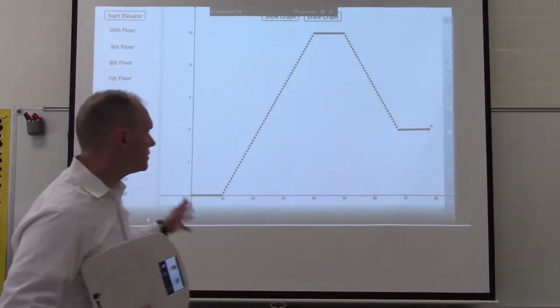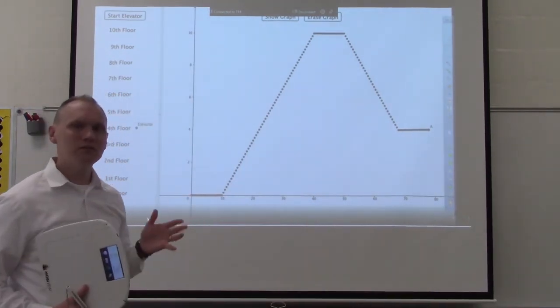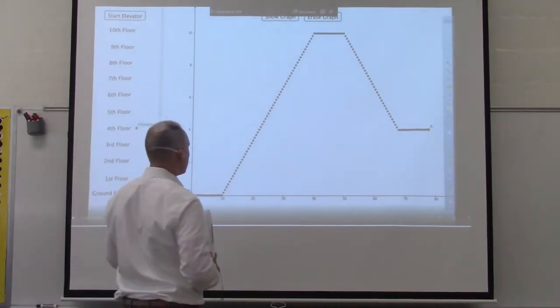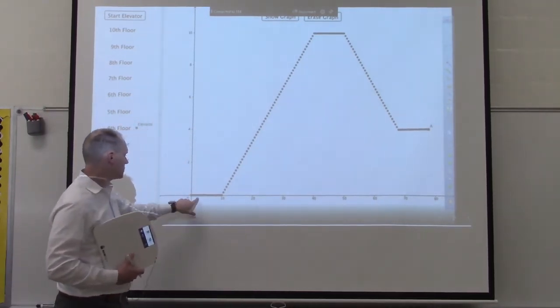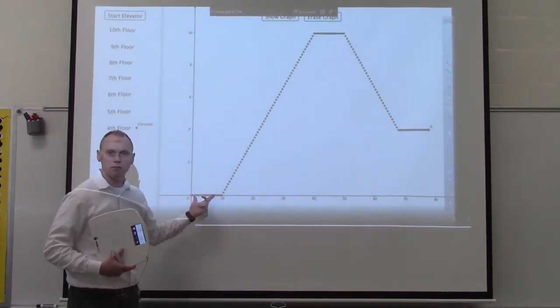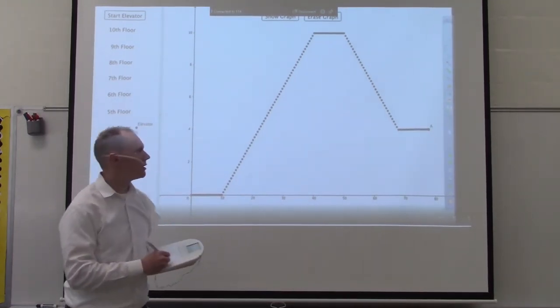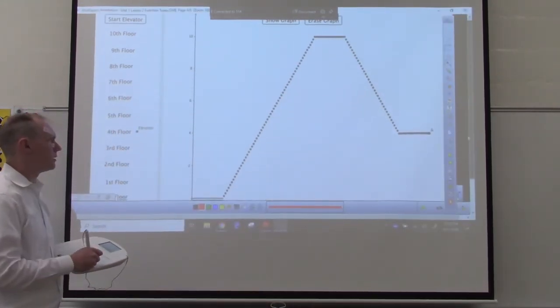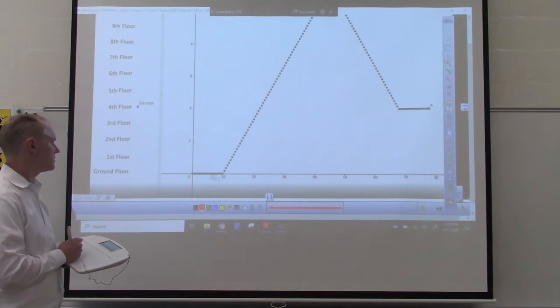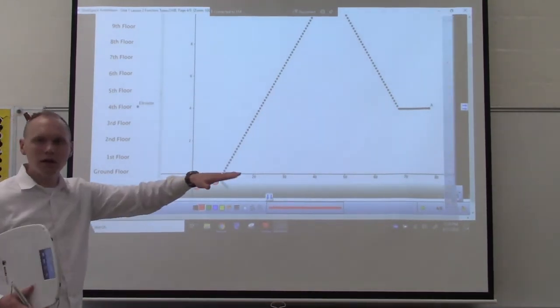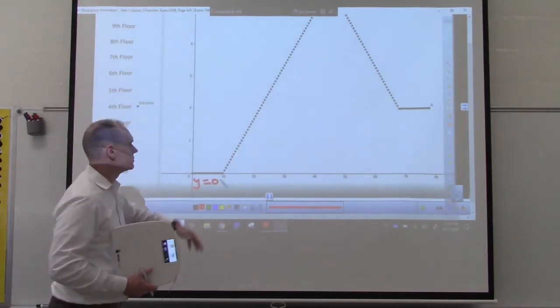And so this is what we call a piecewise function. Imagine thinking about each part of it. This is just a horizontal line. Maybe you remember the function for that. The equation for this part here would be y equals 0. A horizontal line on the x-axis is y equals 0.